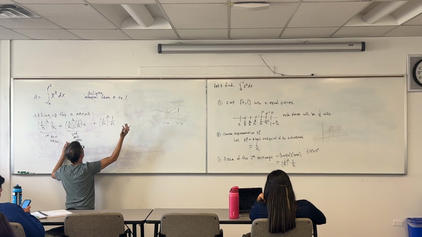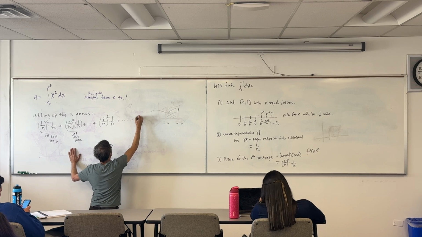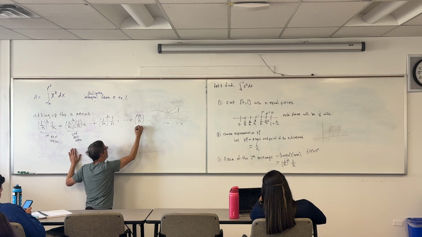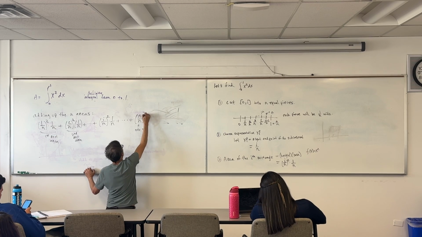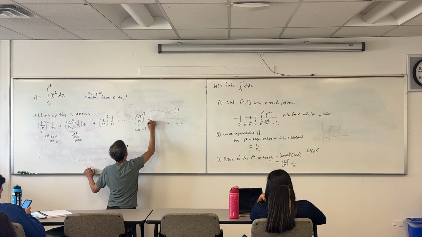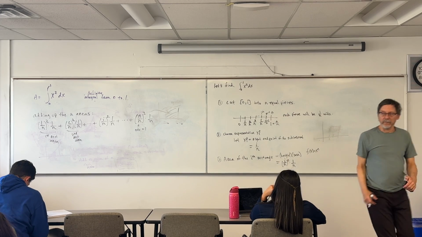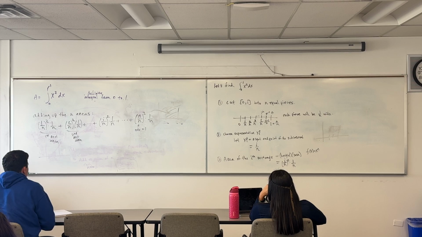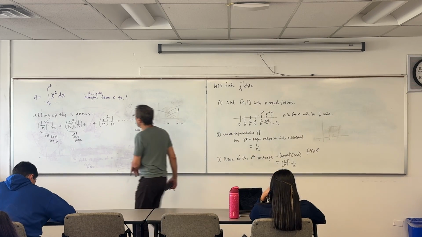Base is still 1 over n, plus, dot, dot, dot. Let's go all the way out to the end. And the last one is n over n. That's 1, but I'm going to write it that way, so note this equals 1 squared times 1 over n. And if I could add all that up, I would know what the formula is for the area.